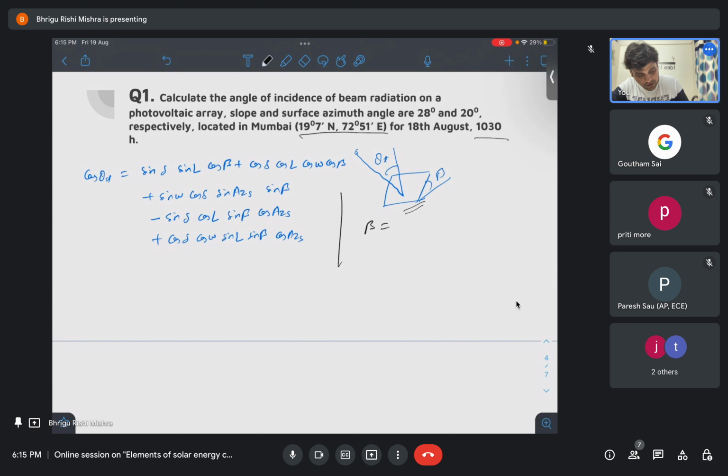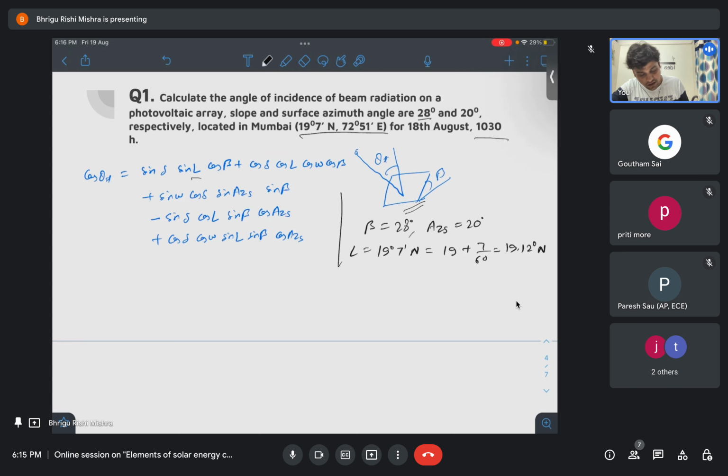Beta is 28 degree, and we also need to know the surface azimuth angle, which is given, AZS equals 20 degree. What else do we need to know? The latitude. Latitude is given for Mumbai, 19 degree 7 minute north, and if we convert it to degrees, it will be 19 plus 7 by 60, which is around 19.12 degree north.